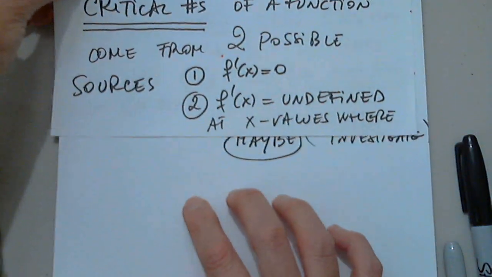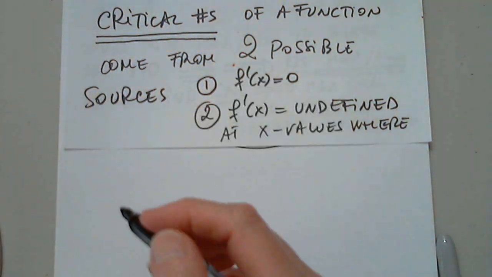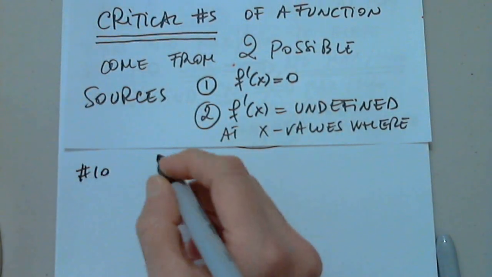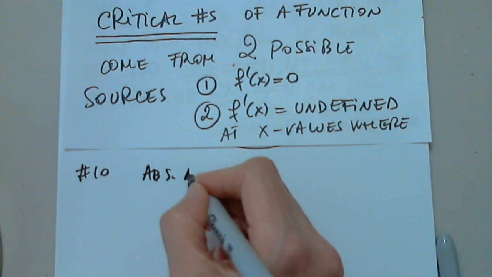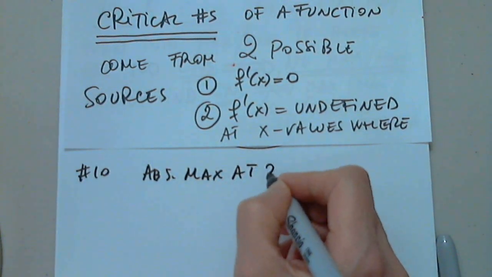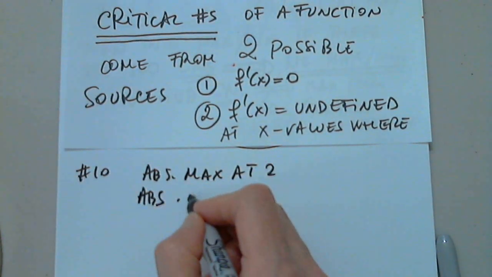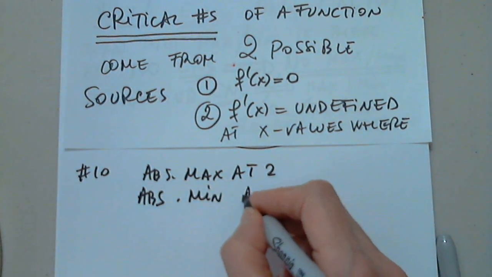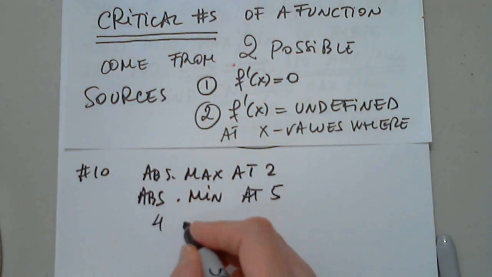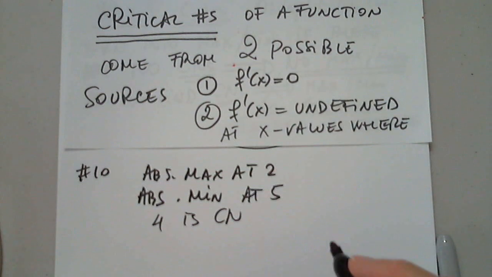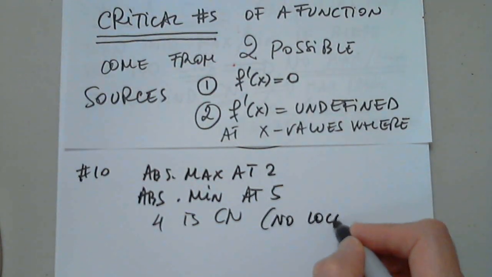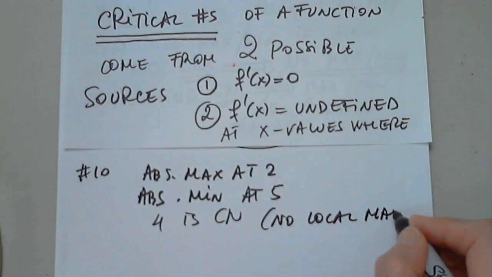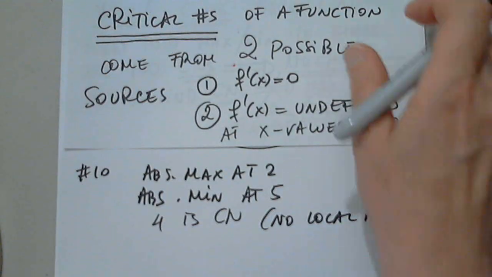I'm going to copy it here, so I can put that page away. So absolute max at 2, absolute min at 5, and 4 is a critical number, but no local max or min, they say.